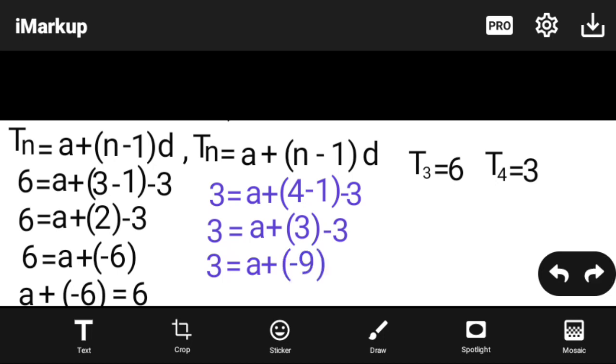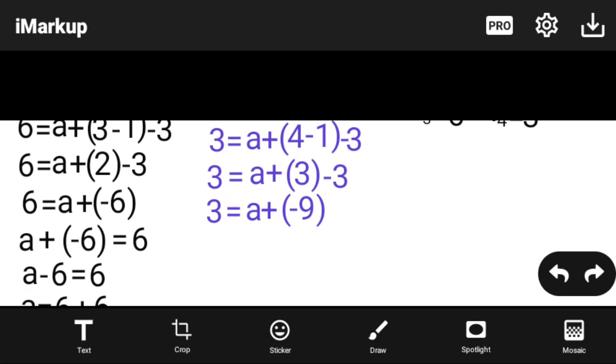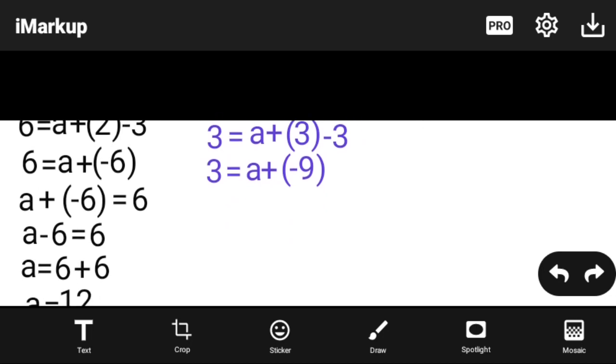Then from there now we can move on. We say 3 is equal to a, then the positive and the negative inside the brackets, therefore the negative 9 and the positive outside the brackets will multiply, and you're going to get the negative 9 like that.